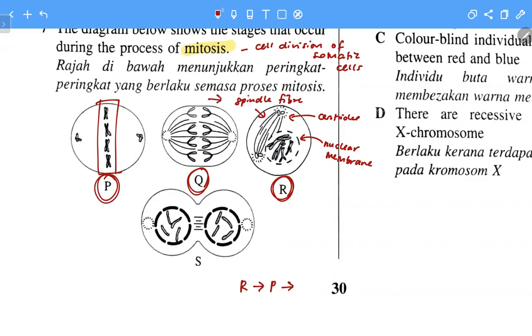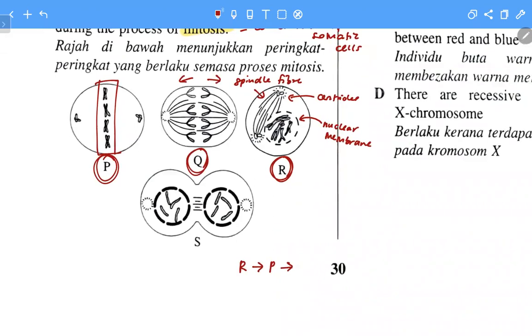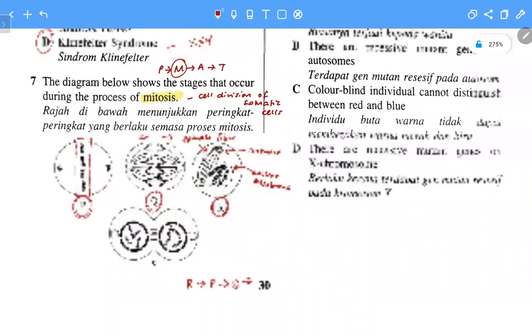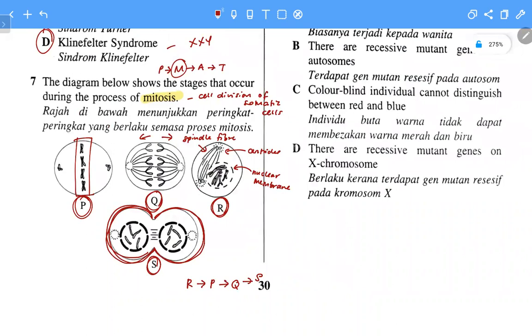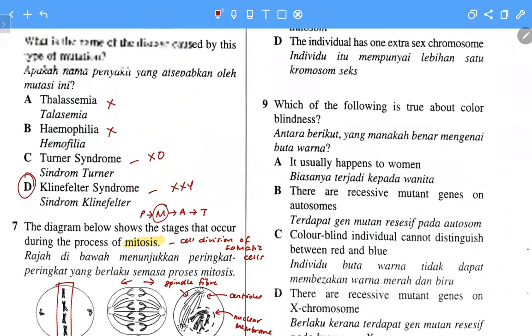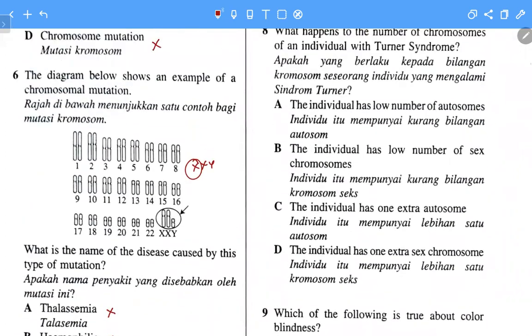One part of the chromosome goes to the right and the other part goes to the left. All right? So the next one will be Q. Then after that, you can see over here S. S is when there is what we call cytokinesis, where there will be a cleavage formed between the two cells and they'll start to divide into two different sites. All right? So the last one is actually S. So your sequence should be R, P, Q, and then S. Okay? R, P, Q, and then S, B.